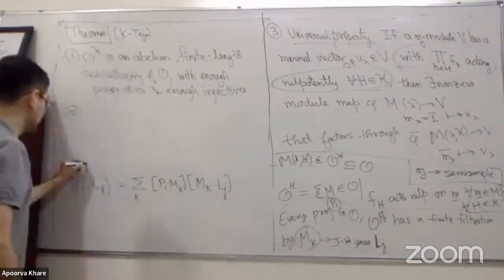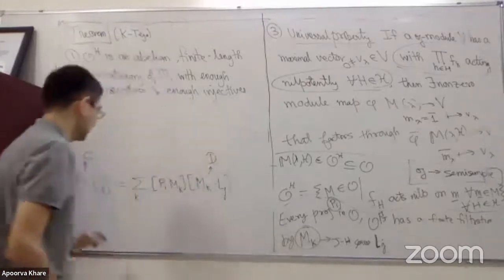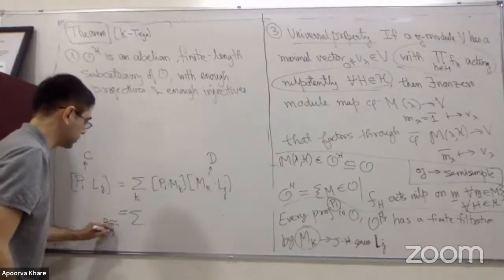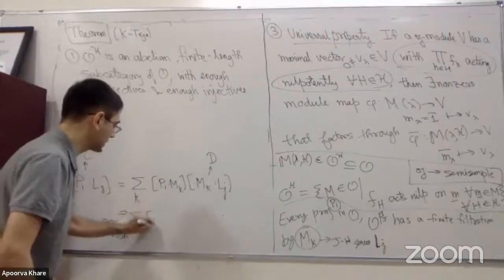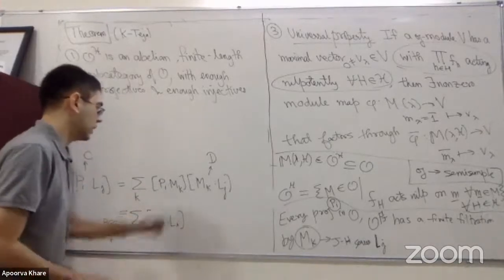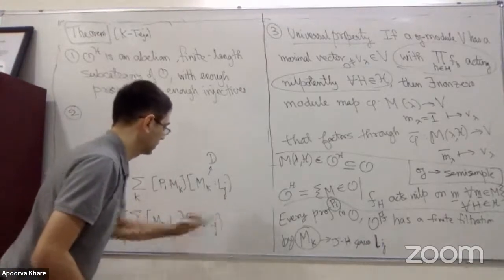So if this matrix we call C, and this matrix we call D, then first of all, we have this nice phenomenon called BGG reciprocity, which says that the multiplicity of M_k in P_i is exactly the multiplicity of L_i in M_k. And then this is again the multiplicity of L_j in M_k.